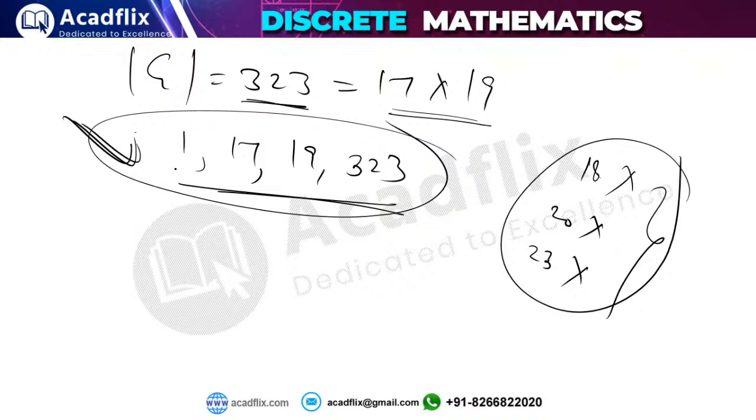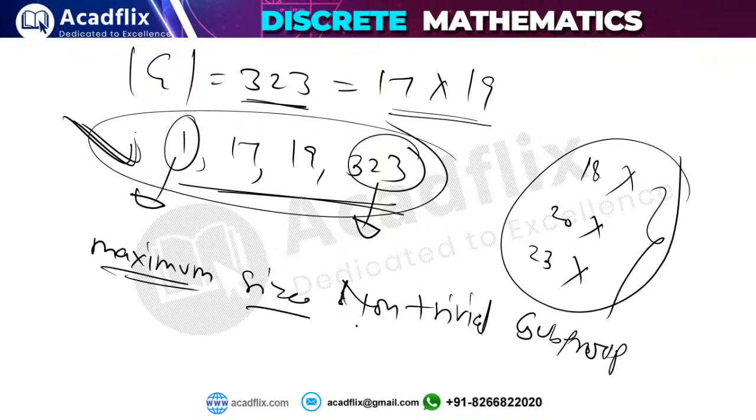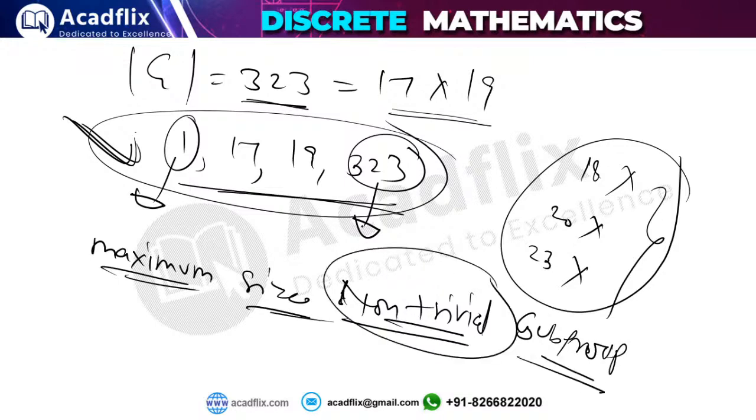Remember, the subgroup of size 1 is the trivial subgroup, and G itself is also a trivial subgroup. This we already know. Now if I ask you what is the maximum size non-trivial subgroup, you cannot consider 323, because G itself is not a non-trivial subgroup.